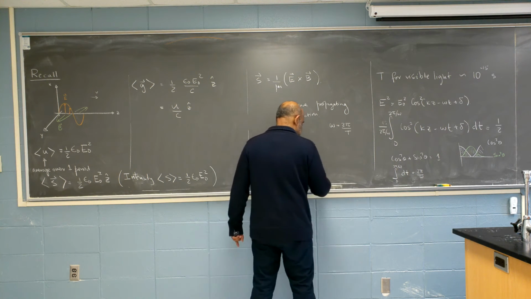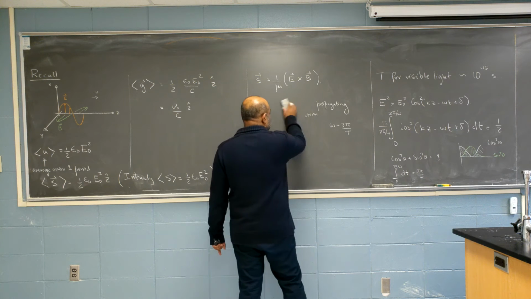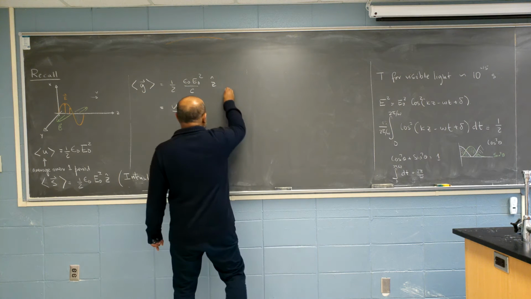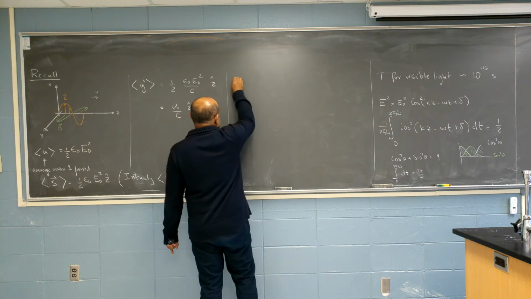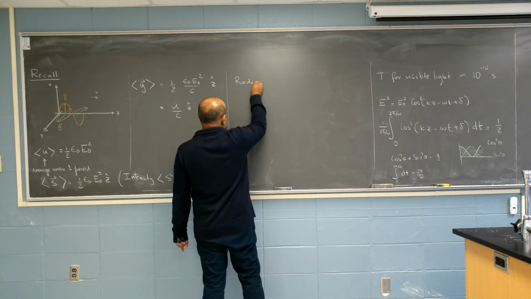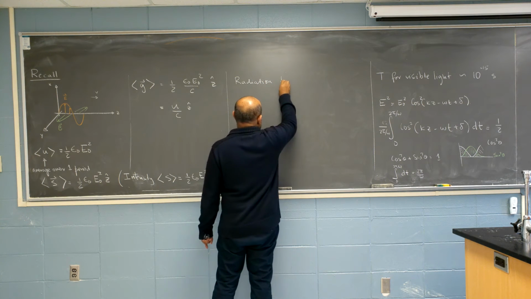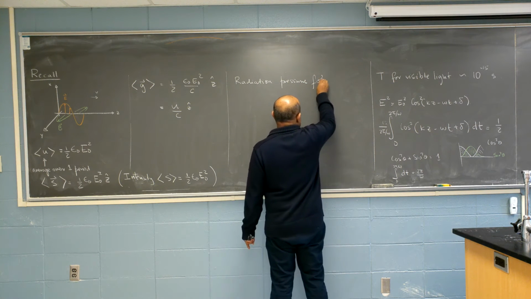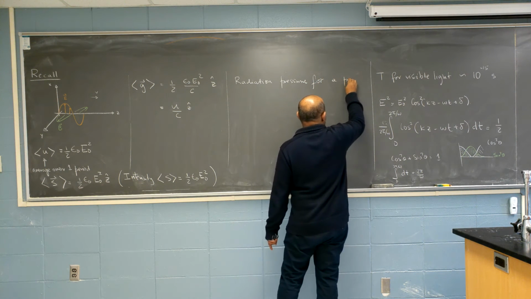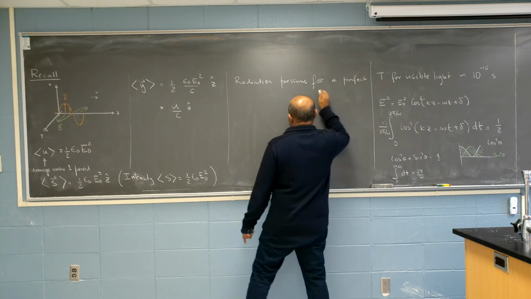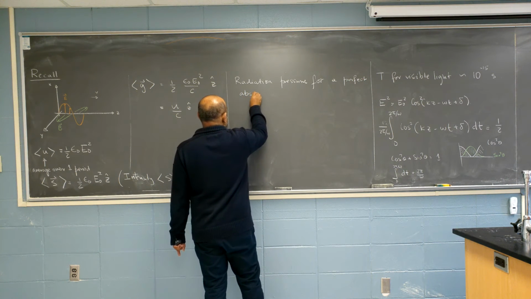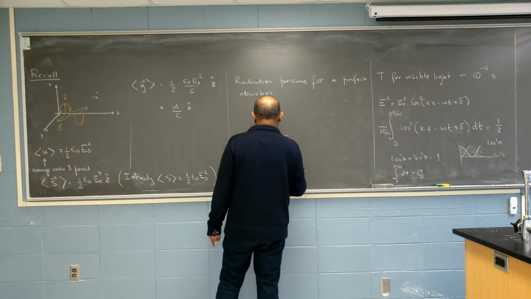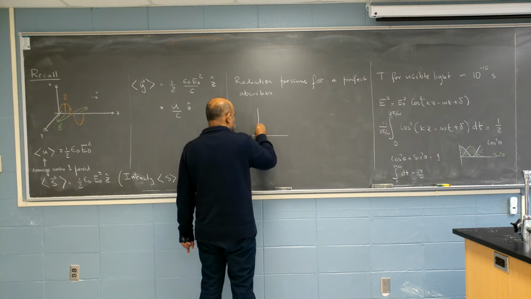So when radiation shines on a surface, let's look at this. For a perfect absorber. And let's, for the simplest case, consider normal incidence.